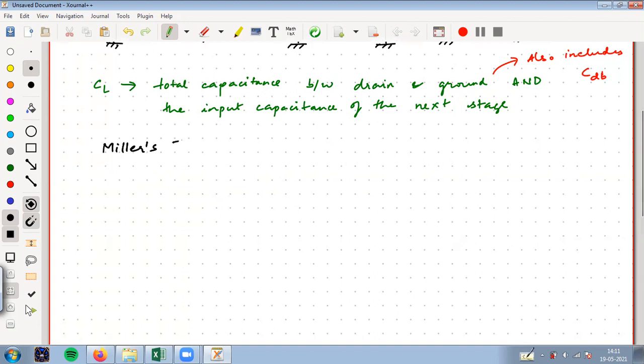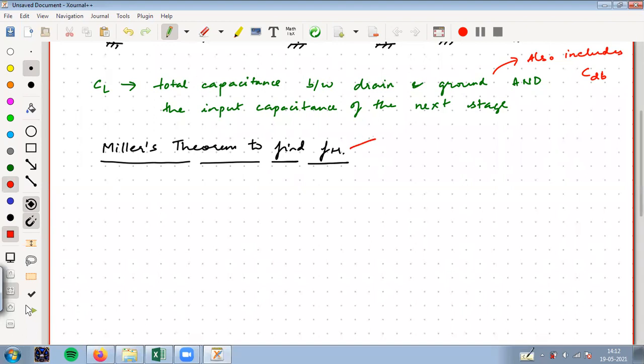Miller's theorem to find FH. Okay, so FH here is also called the 3 dB frequency or cutoff frequency.